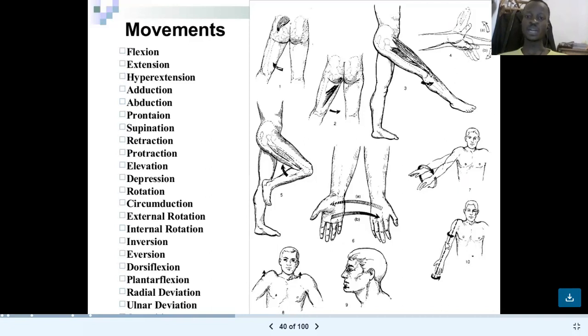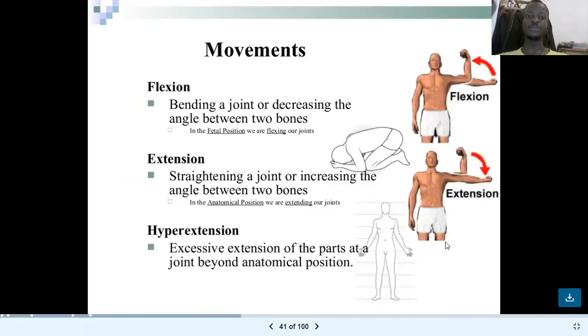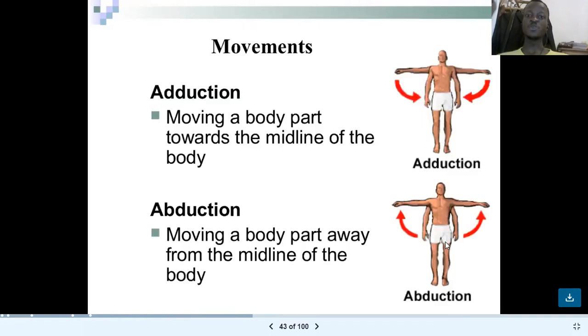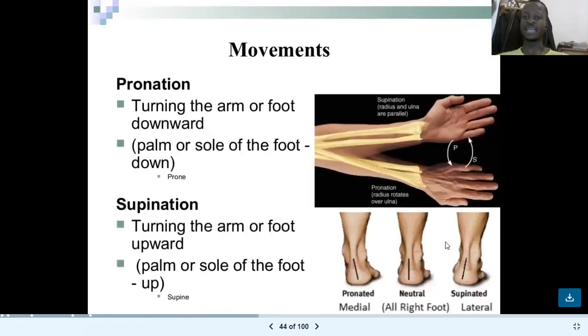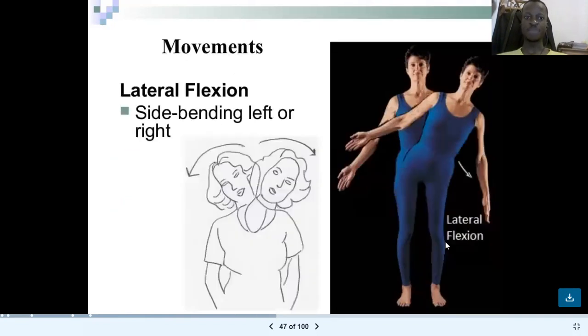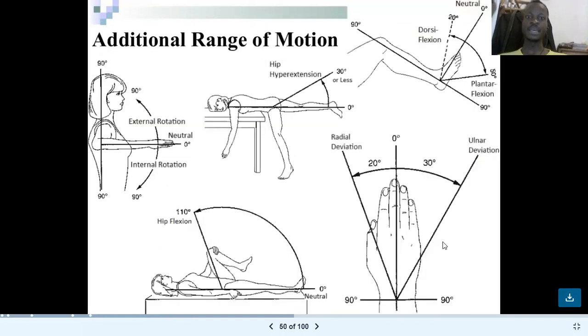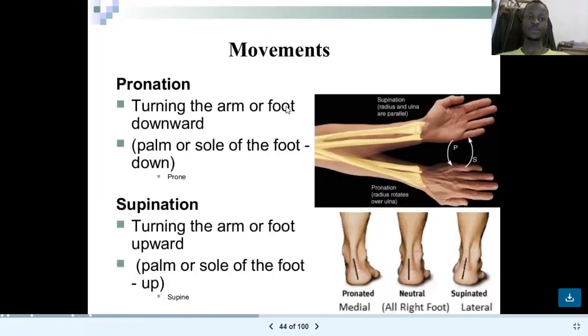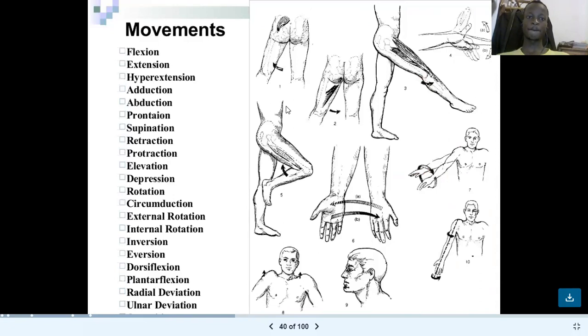Hyperextension, you can visualize that using the hip joint, for example. I had a picture for that here. This is hyperextension. Then adduction is moving the limb or the body part closer to the body wall.